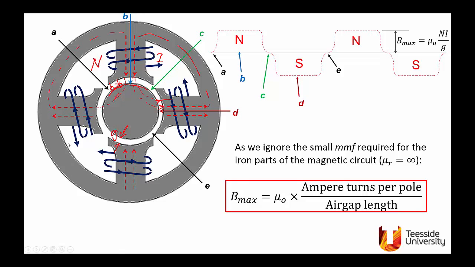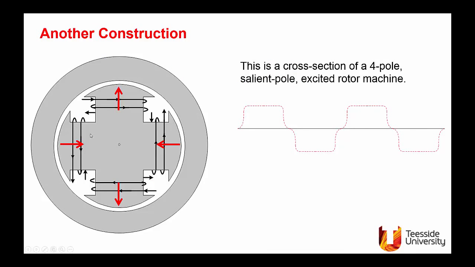Another configuration that appears in the machine is this one. It's an inversion of the previous one. Now the poles are on the rotor. Again, flux lines go in closed circuit, so it will be like this. The flux is radial in the air gap, and you will find that the flux is out of this surface and into this surface, and here the flux lines will be doing something like that.